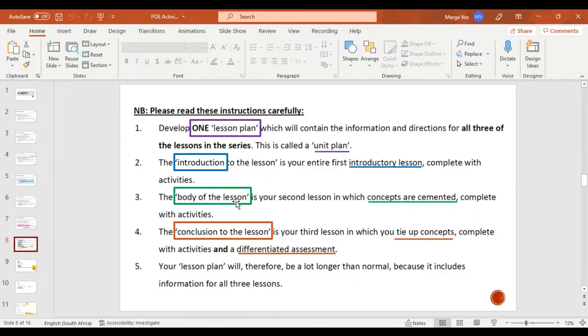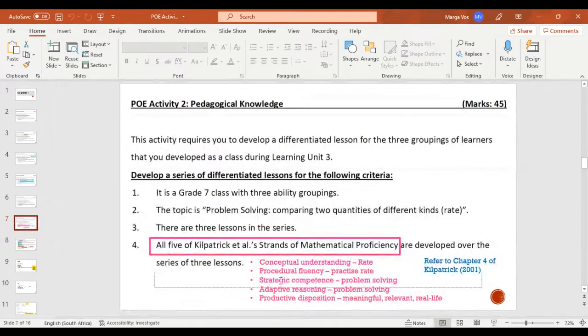Then in the body of the lesson, which is your second lesson, you will cement together your concepts with activities again. All right, so if we refer to the strands of mathematical proficiency, this is where you will practice the rate and problem solving.